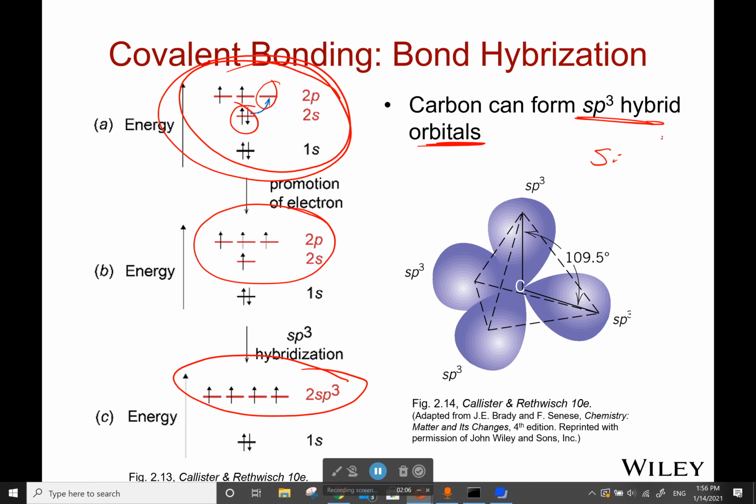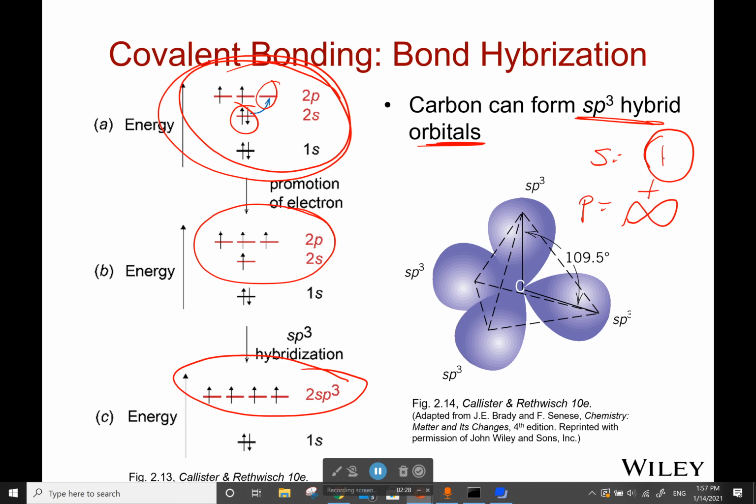Well, an s orbital looks like a big circle. And this is how the probability distribution looks. You can't really see, it's just a big circle. A p orbital looks more like this, right here. And so what's happening then is we're adding these together to make those sp3 orbitals.